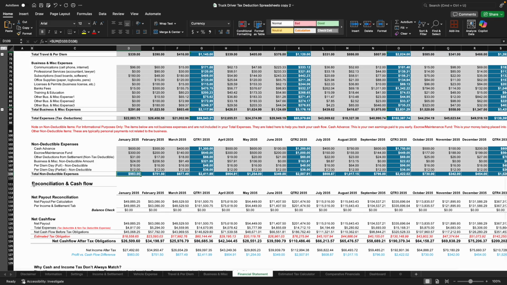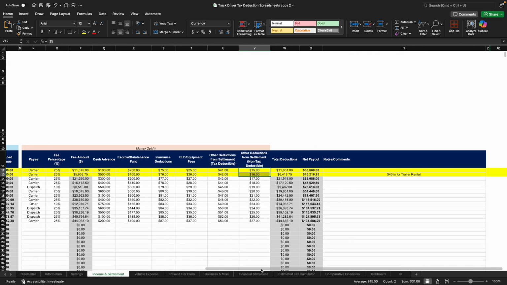So down here on the reconciliation and cash flow, this is to help tie things together and make sure there's no error in this report. As you can see, I started out with net payout calculation. This is basically the net payout that you received on your income and net settlement. So it will be this amount here. This is your net payout after all deductions, right? 49,885.25.